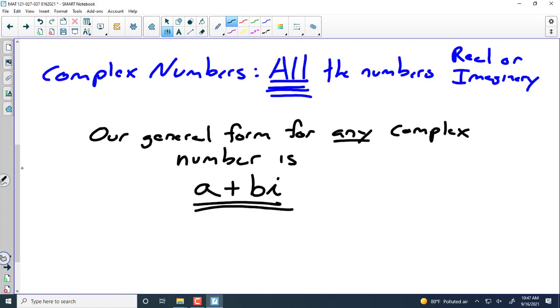What that is, everyone, and this is kind of nasty at first, the first time you see that, so don't let this discourage you. What that means is any number you can think of, real or imaginary, can be written in this form, where perhaps a or b is 0.